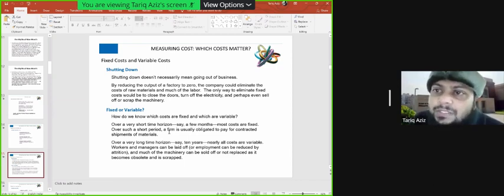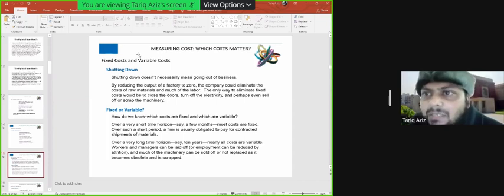So basically every input can be changed in a very long time horizon, say 5 years or 10 years, and in a very short time period every input remains fixed. So there is a middle way.